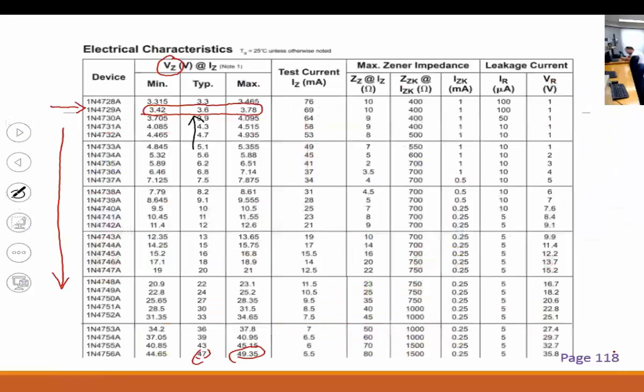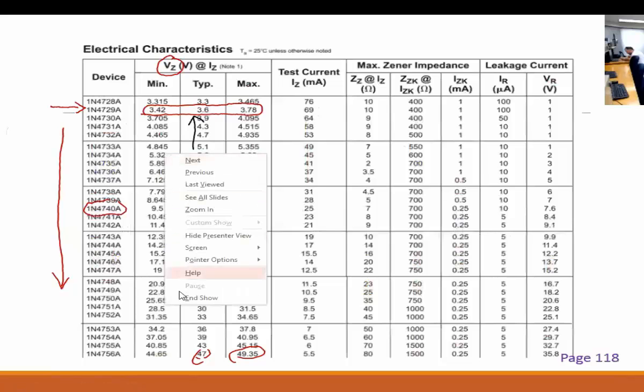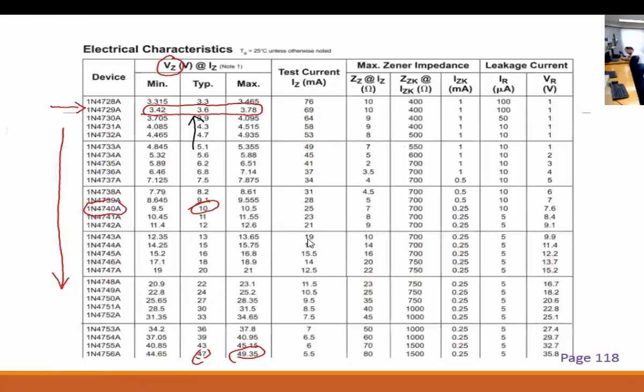Right. So for example, let me pick, for simplicity, the 1N4740, which has a typical VZ of 10 volts. Let me give you an example.